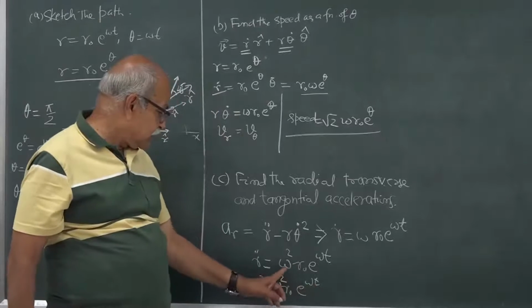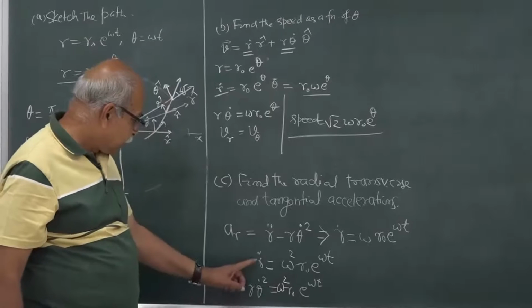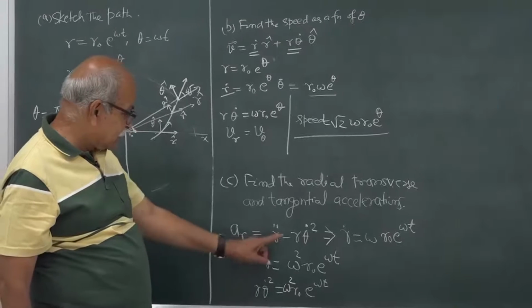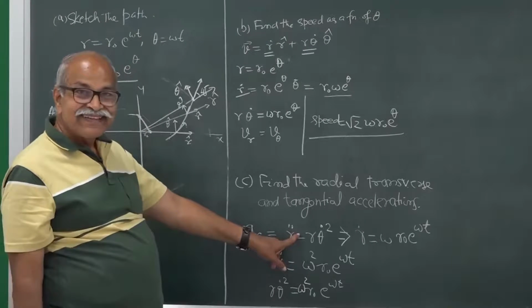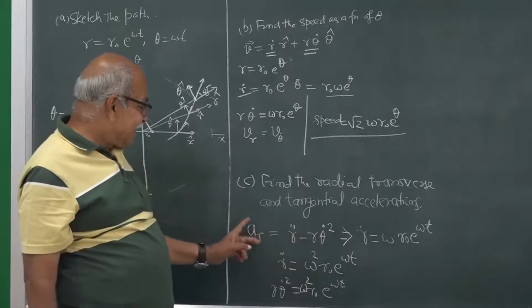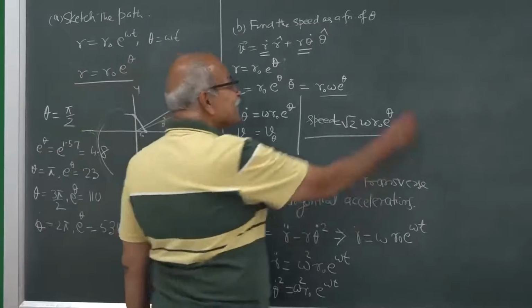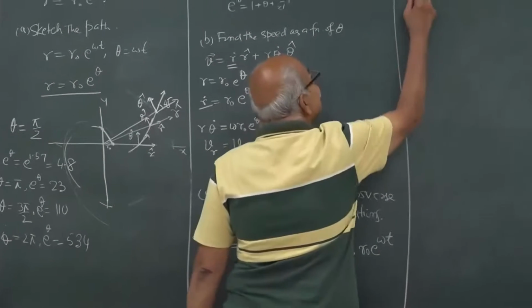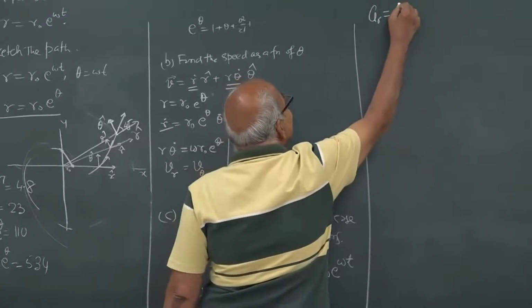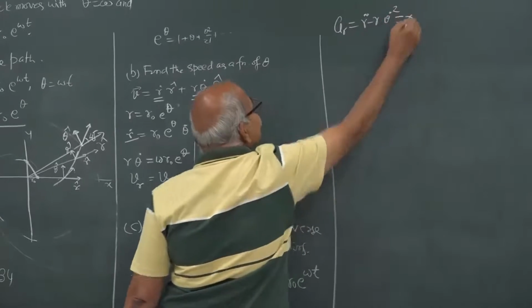Again you see omega squared r naught e to the power omega t. So, what is this difference? This is 0. Interesting. The radial component of the acceleration is 0. So, a_r is equal to r double dot minus r theta dot squared, which is equal to 0.